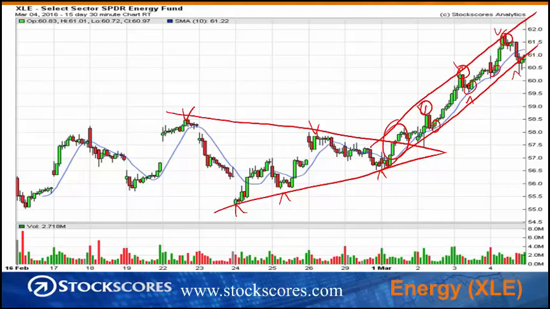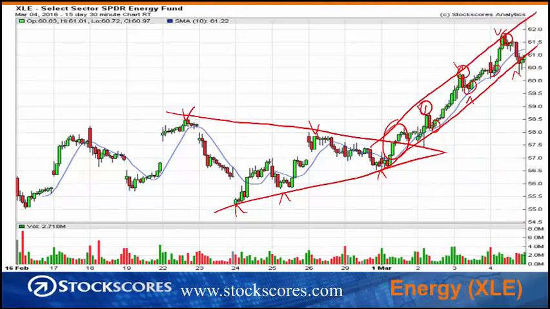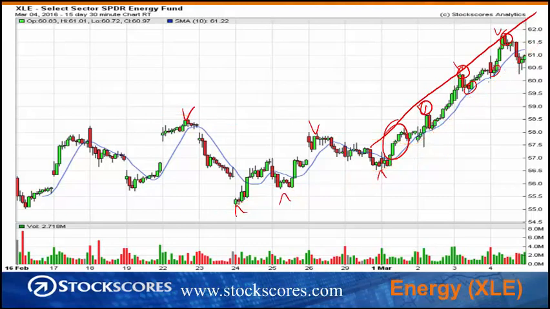And what's interesting on the energy sector on Friday is that it kind of broke the upward trend line right here. Just going to erase some of these lines here so I can draw this a little more clearly. If I draw this line really tight across those bottoms, you can see that the upward trend line was broken on Friday. And that may set us up for a trend reversal.